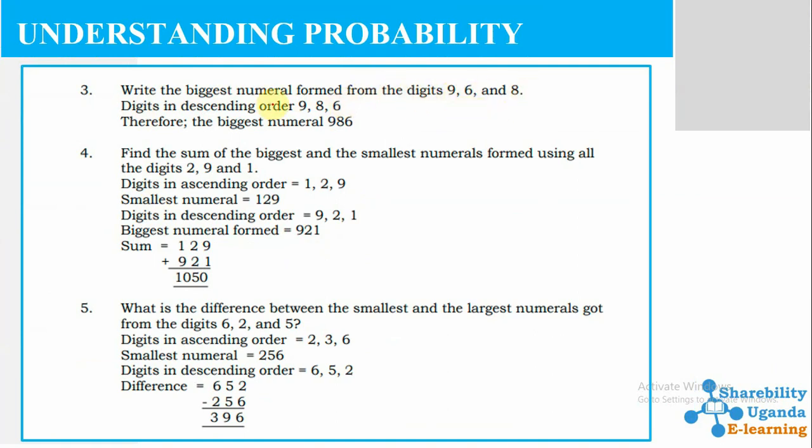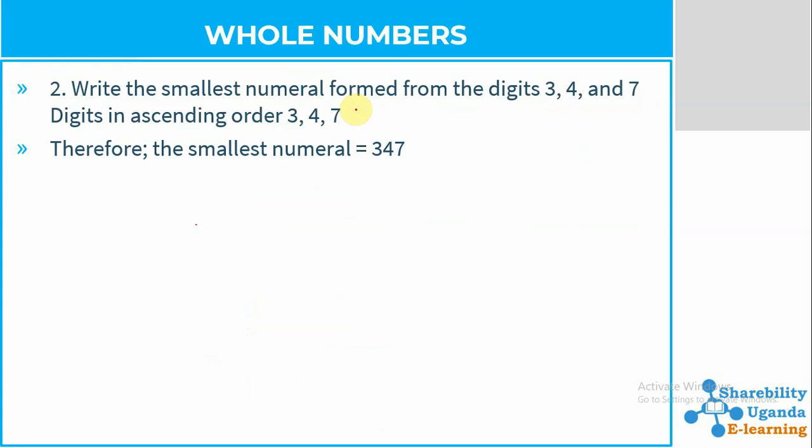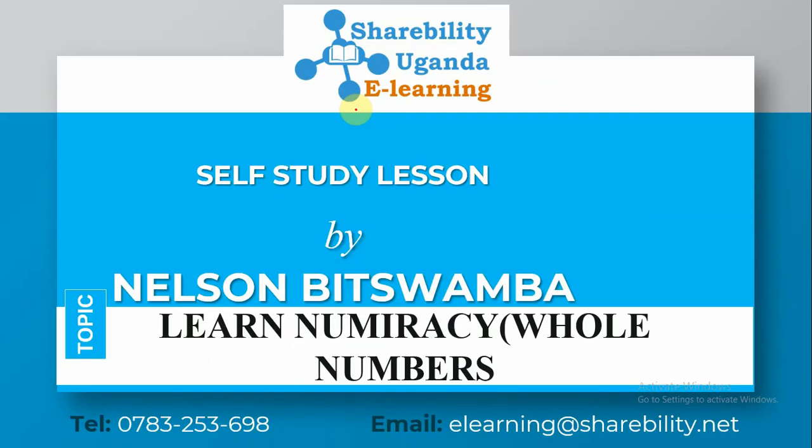So here the digits, they were able to say that the digits in descending order, we have 9, 8, and 6. So here they first arranged them in a descending order.